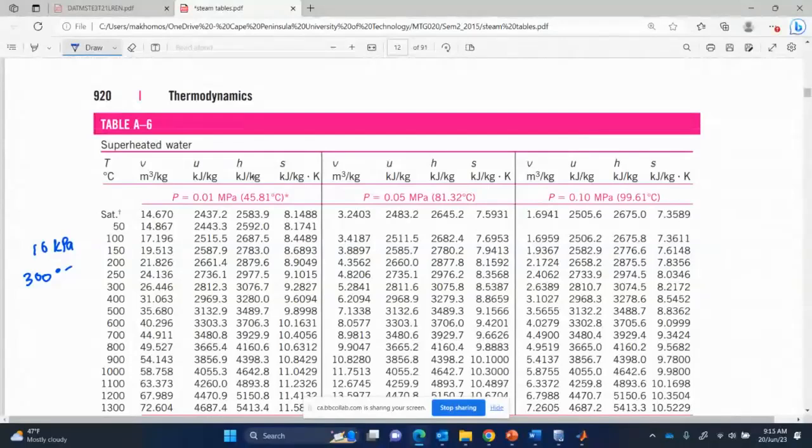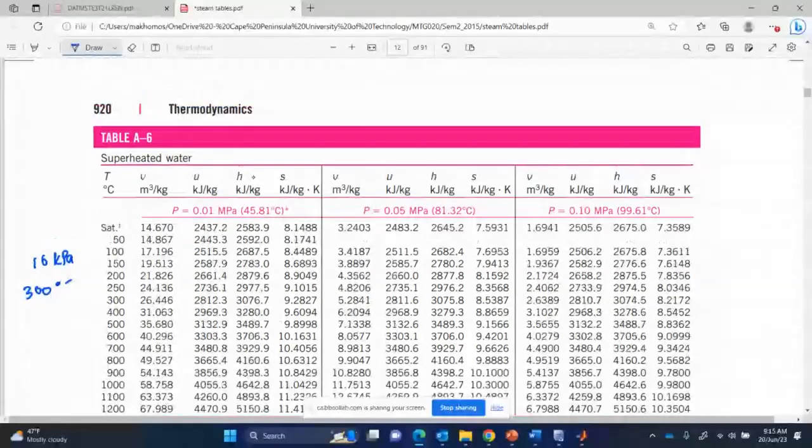At 10 kPa, the steam is superheated, the temperature is 300 degrees Celsius, the corresponding enthalpy is 3076.7, and the corresponding entropy is S sub. This is h sub, this is s sub, this is v sub. T sub, v sub, u sub, h sub, and s sub.